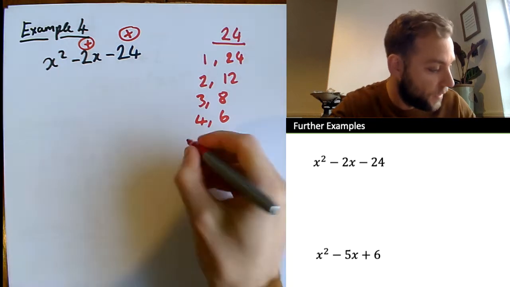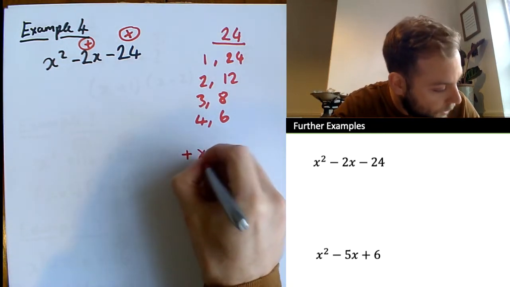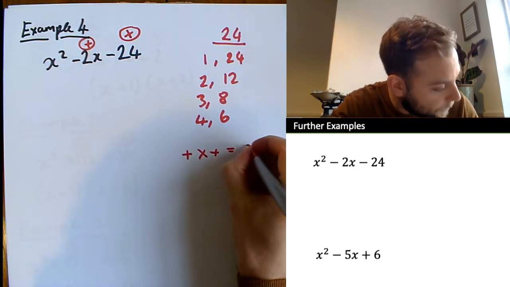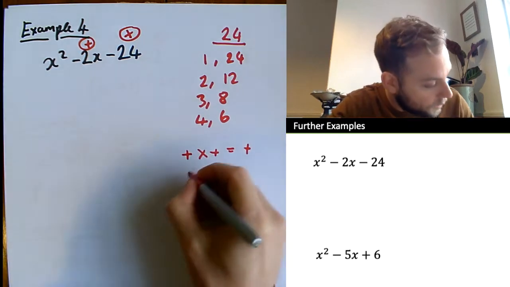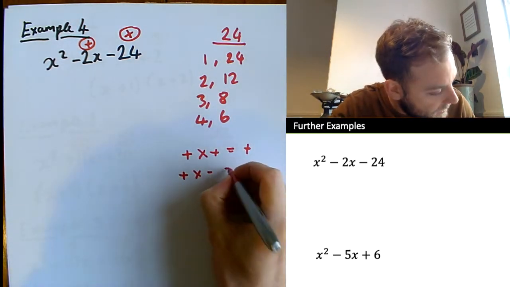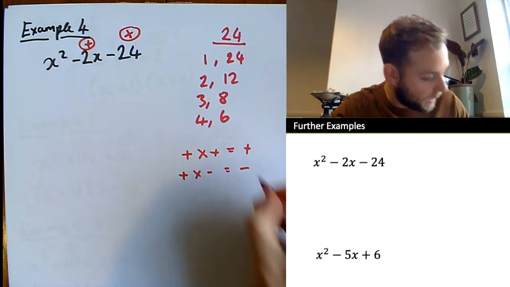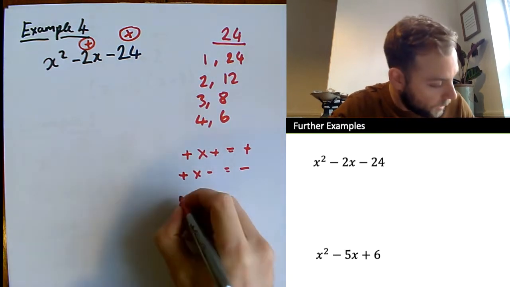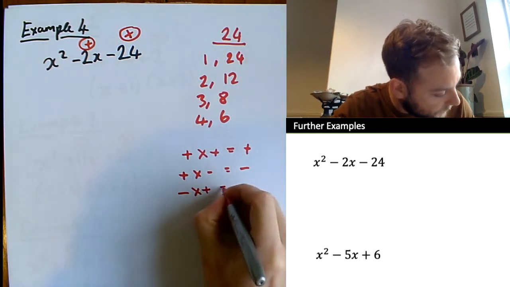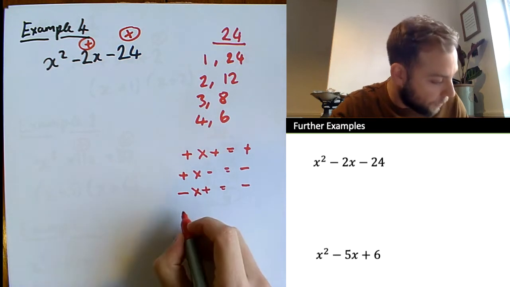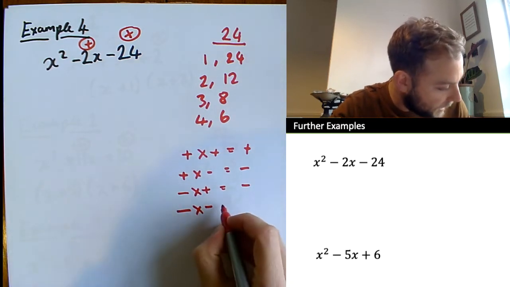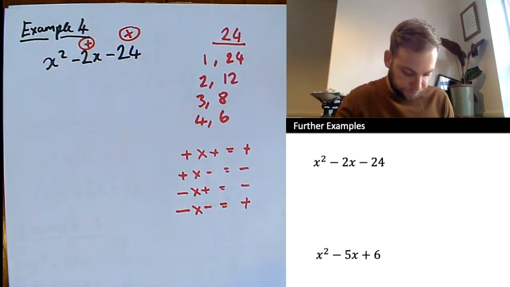And if I do this over here, we know that a positive times by a positive number is a positive number. We know that a positive times by a negative number is equal to a negative number. We know a negative times by a positive is equal to a negative number. And we know that a negative times by a negative is equal to a positive number.